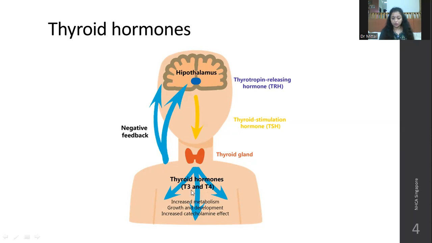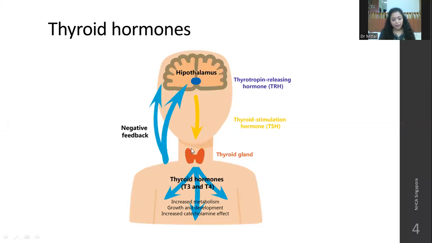Negative feedback means when there is an adequate amount of T3 and T4 present in your circulating blood, it automatically sends an inhibitory message back to the hypothalamus: no need to secrete more TRH.